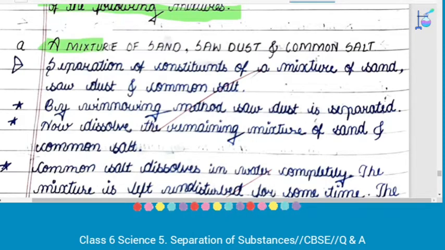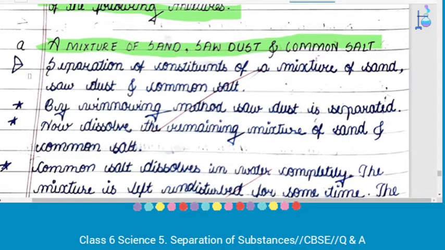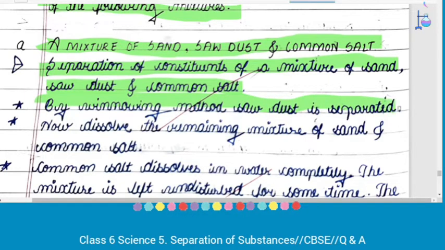Fourth question. Describe an experiment to obtain the constituents of the following mixtures. A mixture of sand, sawdust and common salt. Separation of constituents of a mixture of sand, sawdust and common salt. By winnowing method, sawdust is separated. Now dissolve the remaining mixture of sand and common salt.